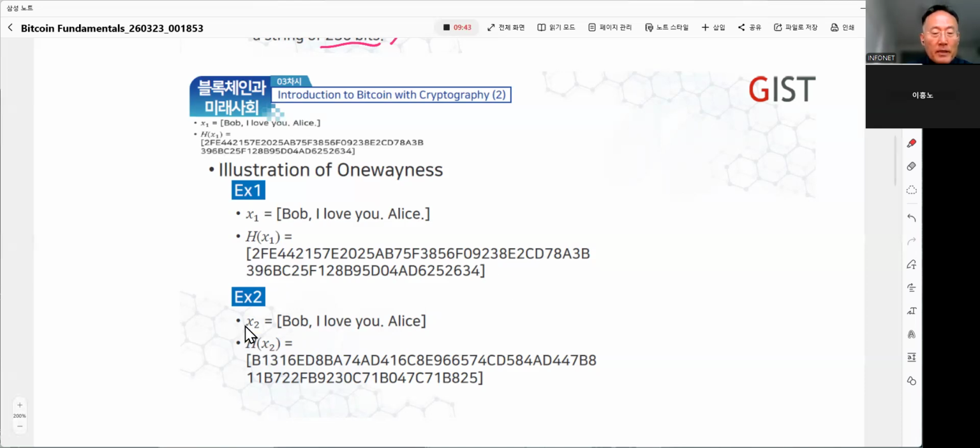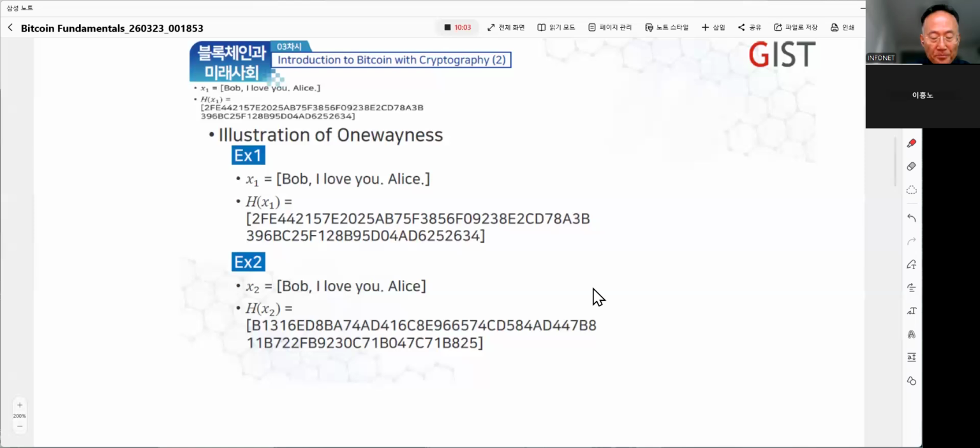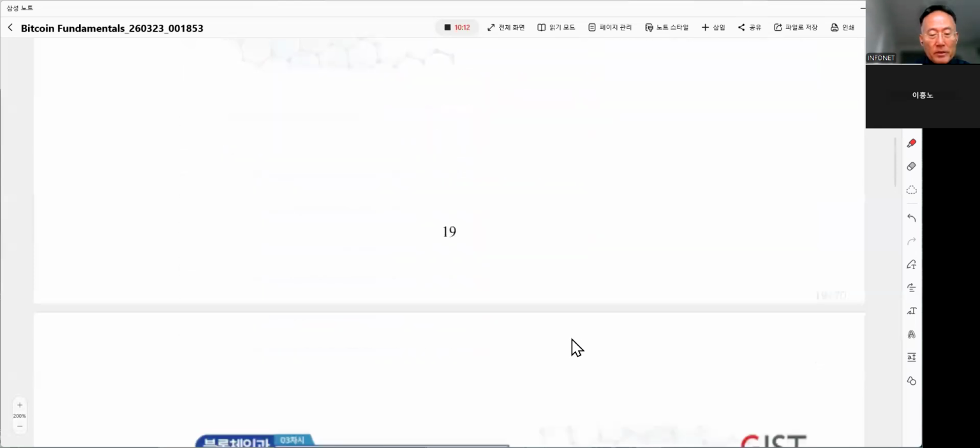Okay, and X2 is Bob, I love you, Alice, no comma, right? Then you get a completely different hash output. B13 and ends with 25. So this string and this string down here are completely different. That is what we call the avalanche effect of the hash function output.